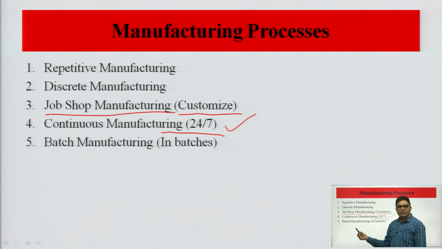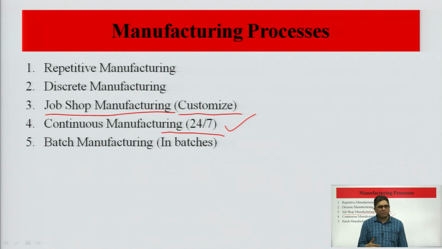Next, it is about batch manufacturing. We are manufacturing products in batches. So, once one batch is completed, we clean the equipment and machinery, and then when the order comes, the next batch is manufactured.